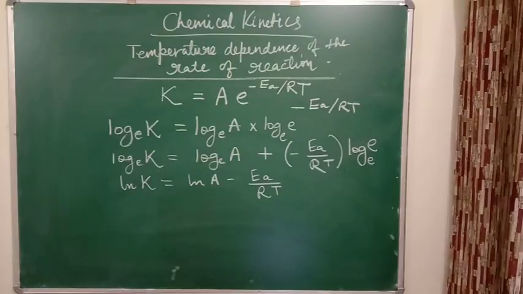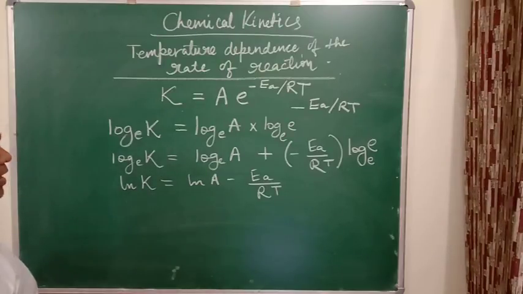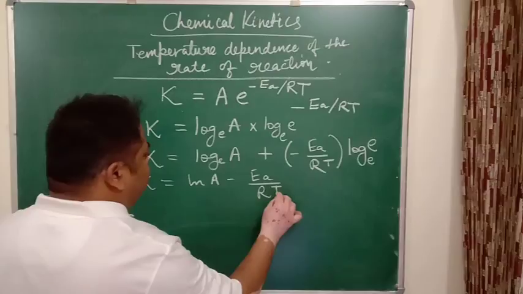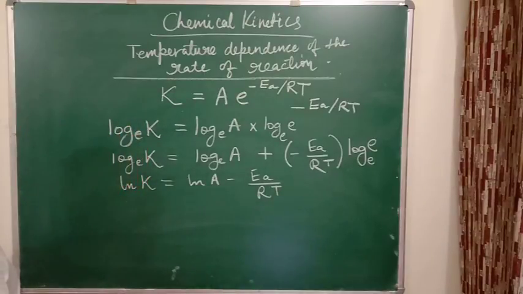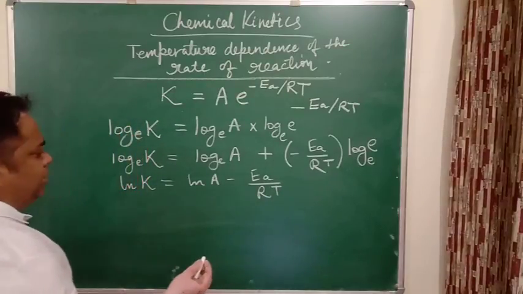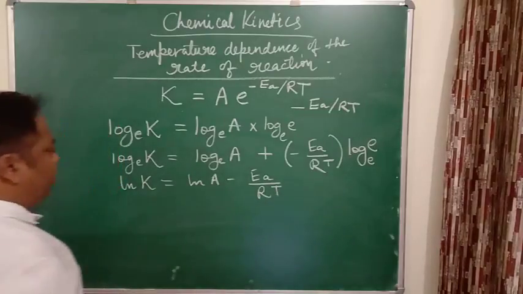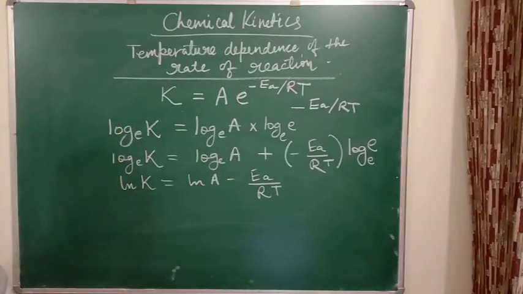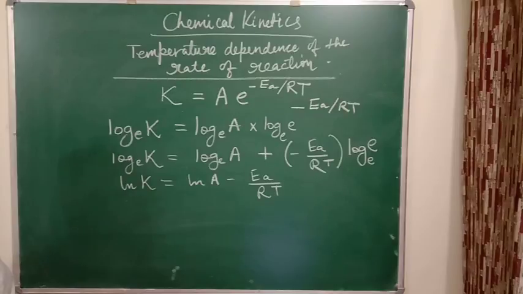Now say we take two cases, at temperature T1 and at temperature T2. If a reaction's temperature changes from T1 to T2, how will k vary? To find out, we can simply take two cases.